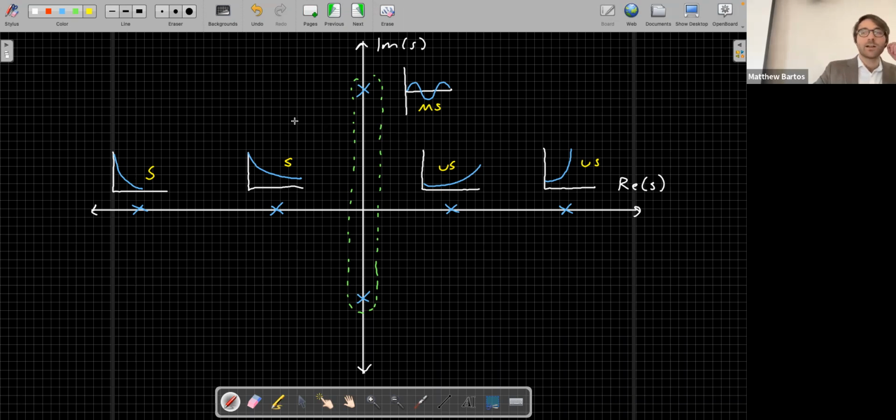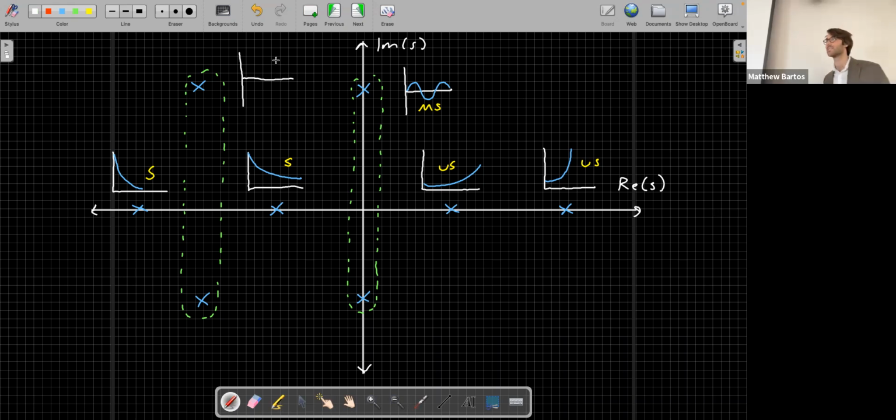Okay, very good. Okay, so what if we have a pair of conjugate poles on the negative side of the real axis? What will this response look like? Any guesses?